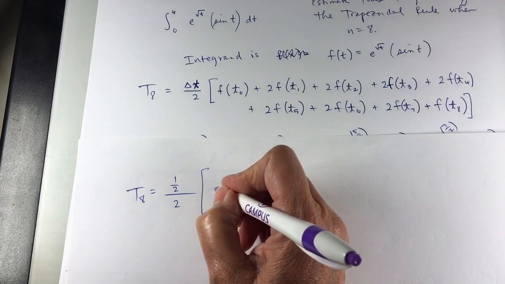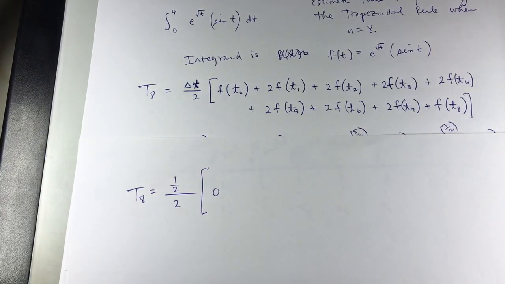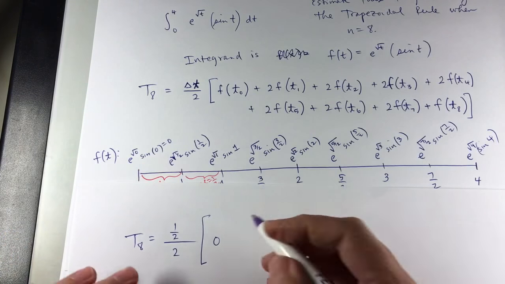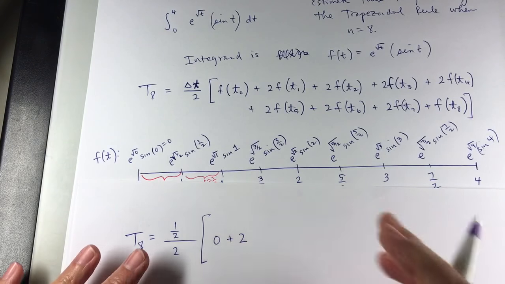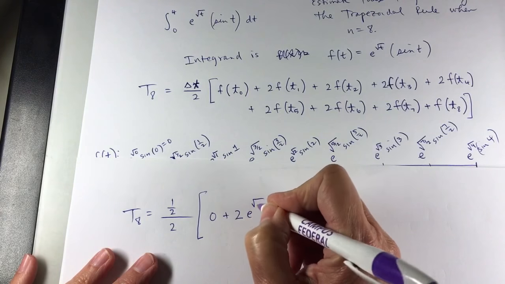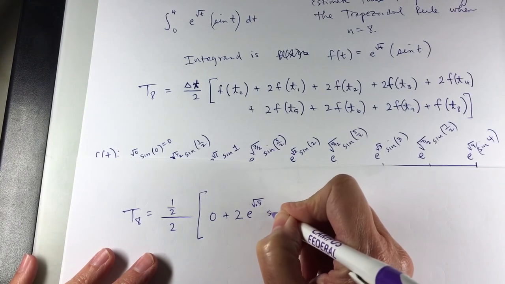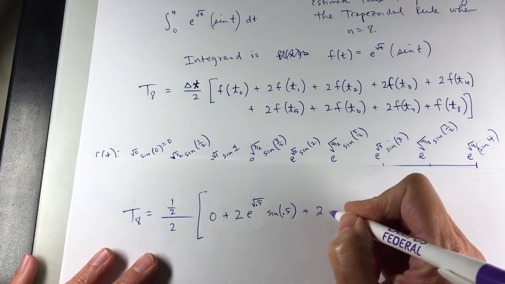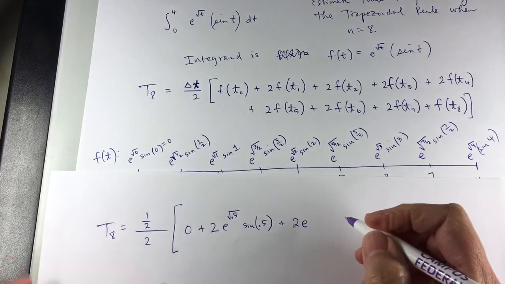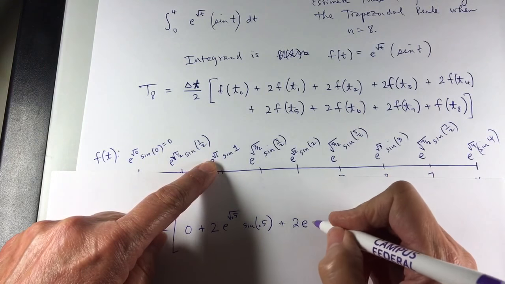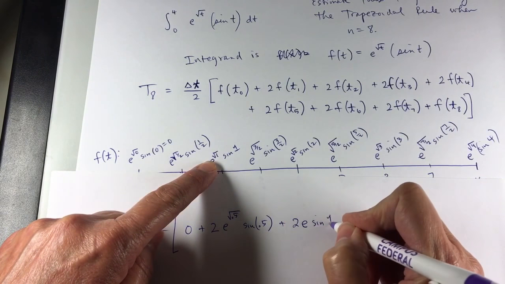Okay, I'm going to have 0 from right here plus 2 times e to the square root of 0.5 times the sine of 0.5 plus 2 times e to the square root of 1, that's 1, so that's times the sine of 1.